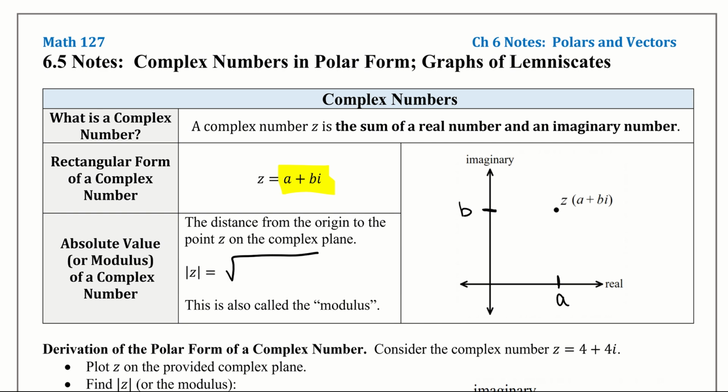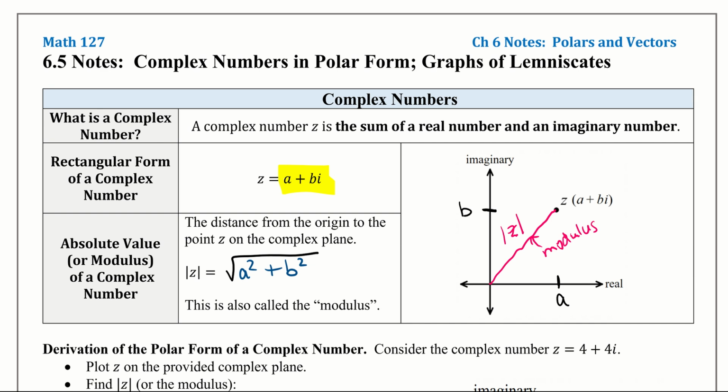The length from here to here is the absolute value of that complex number. It's also, again, called the modulus. But this is the same idea as magnitude, same idea as radius. It'd be the square root of those components, both the real component and the coefficient of the imaginary component. So the square root of a squared plus b squared.